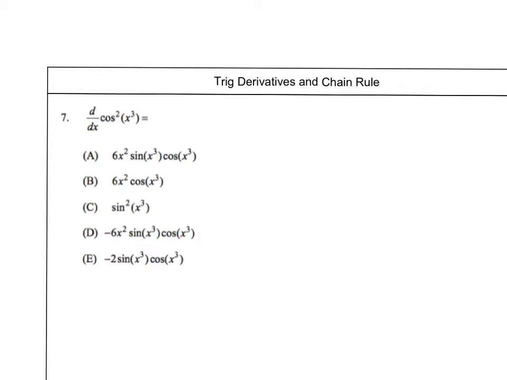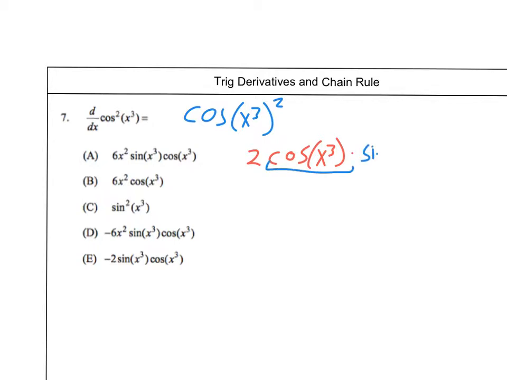We've got trig derivatives and chain rule. First thing I might do is to rewrite this as cosine of x cubed, squared, so that I can see that I've got chain rule to start this out. And we've got 2 cosine of x cubed, and then multiply that by the derivative of cosine of x cubed, which would be negative sine of x cubed.